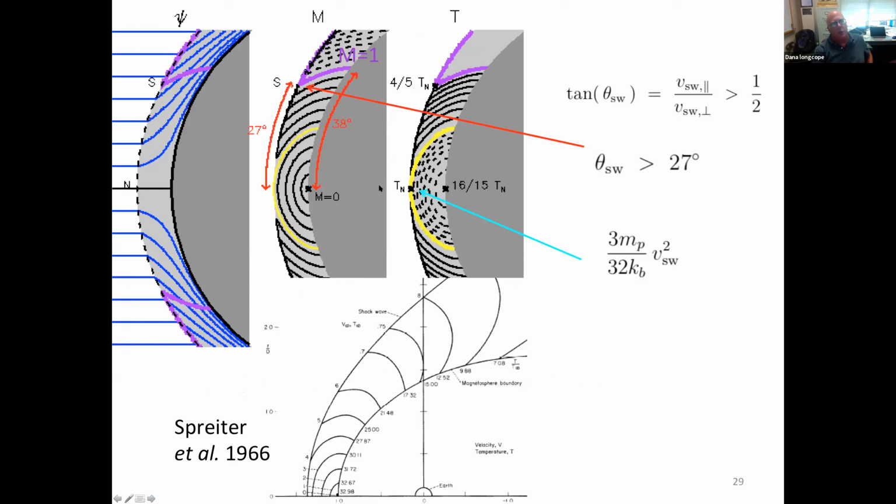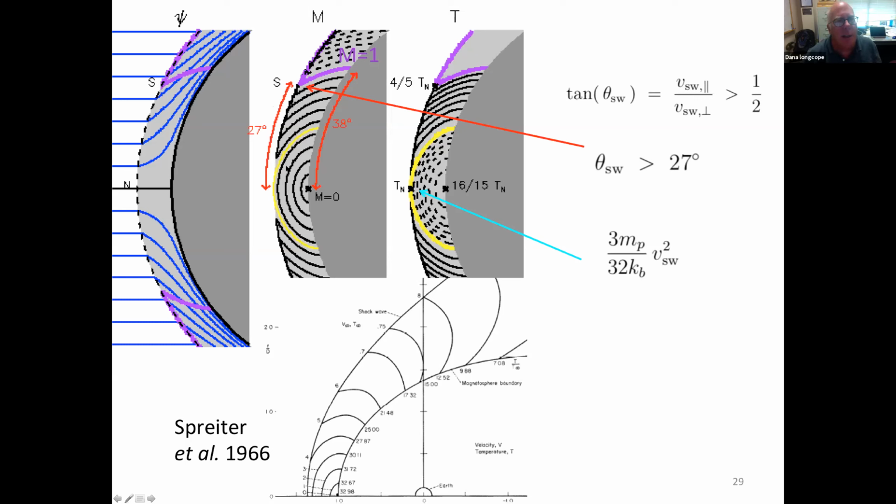So let me just show you these wonderful diagrams using this Spreiter solution. Essentially, this is the Mach number. And when you just go downstream, it's suddenly subsonic if you're at the nose point. But if you're over here, you have a perpendicular component of the velocity which drops, but the parallel component doesn't. And so you can actually be at a Mach number higher than 1.